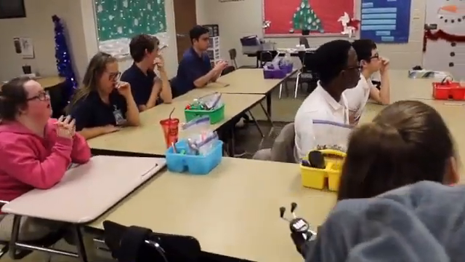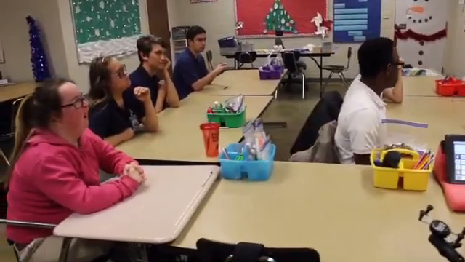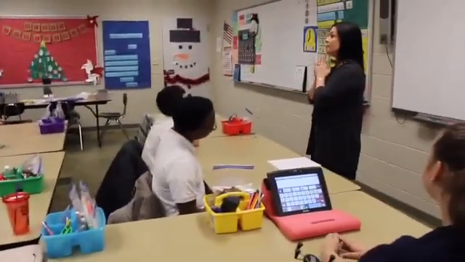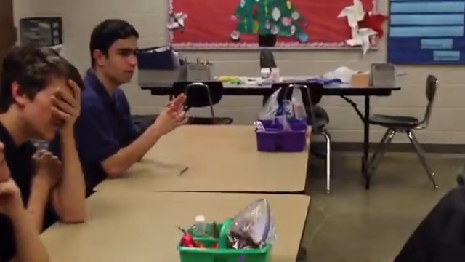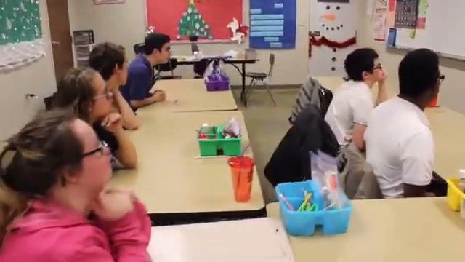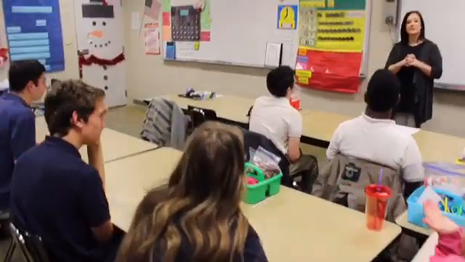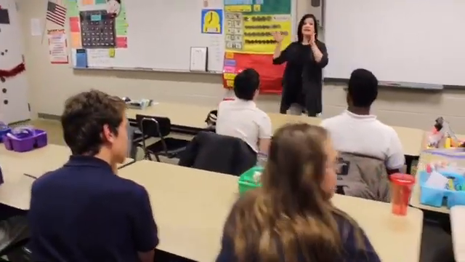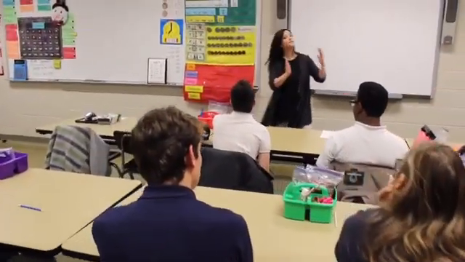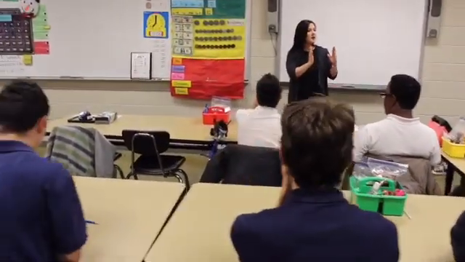So let's talk about sentences. A sentence has how many parts, Noah? 2 parts. Very good. Who remembers the name of the parts? Brandon? The subject and the verb. Yes. He said we have a subject and a verb, but what's the other?